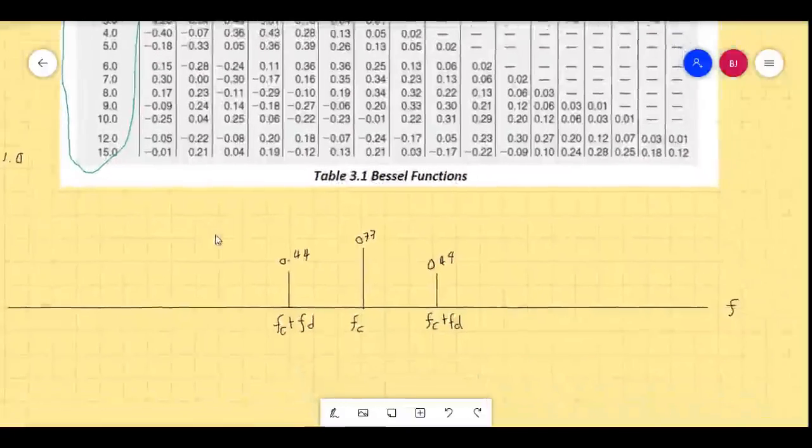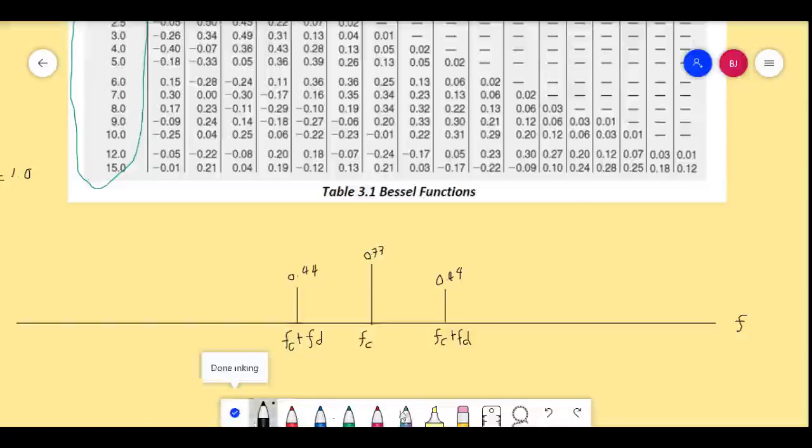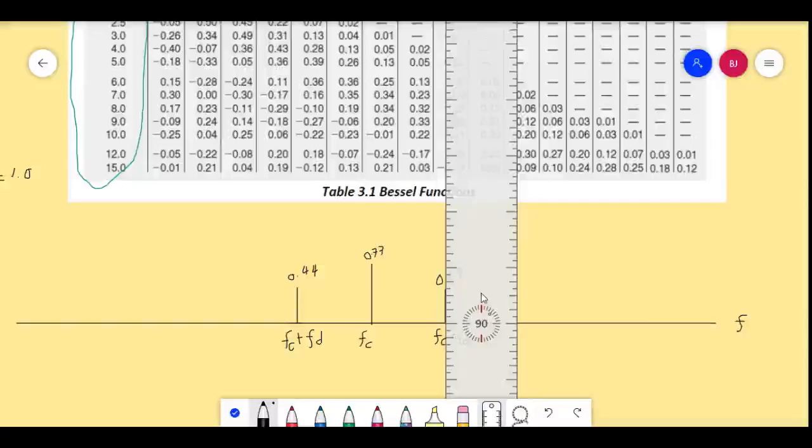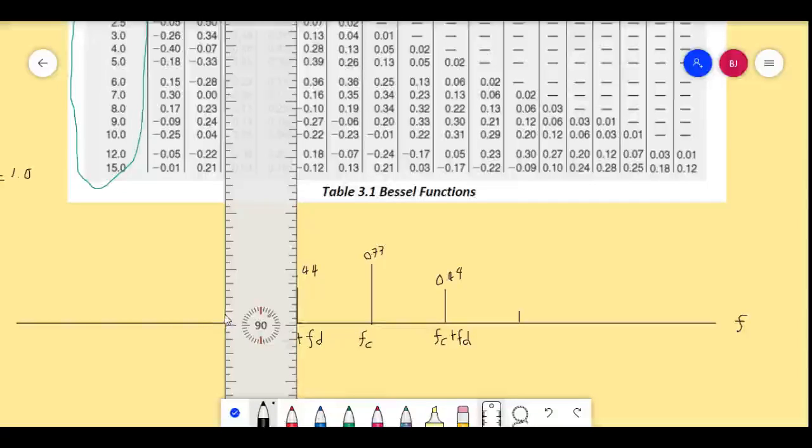So just make the necessary adjustments for the estimation of the height or amplitude of the line. This is 0.44, so that would be around 25%. Somewhere right here would be enough. And don't forget to put another one on the lower part.